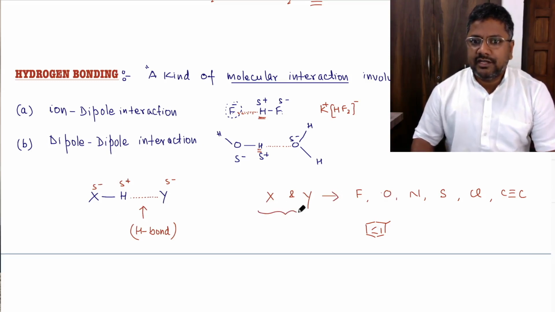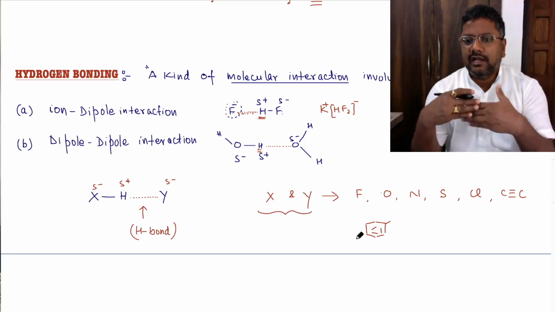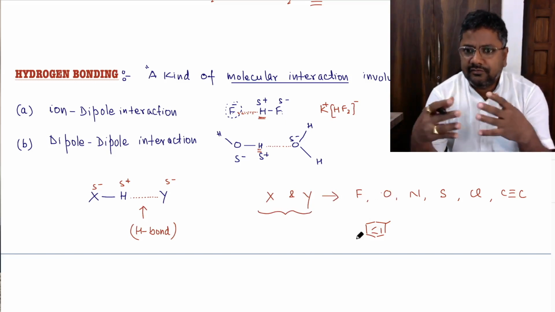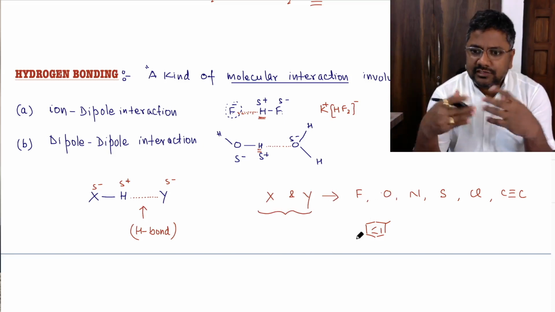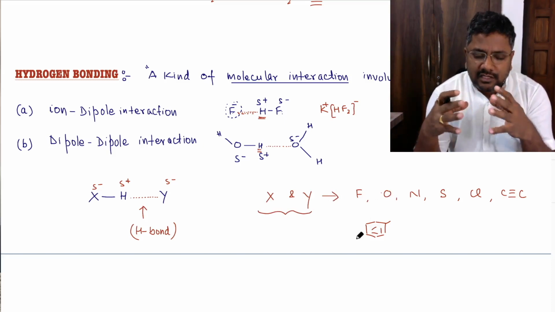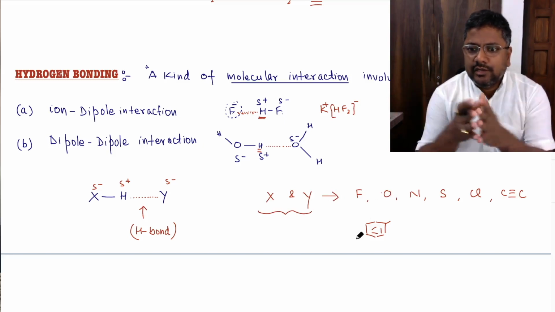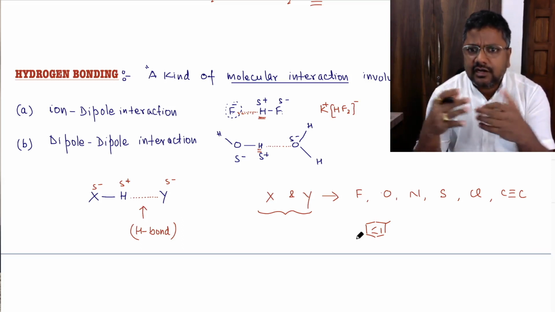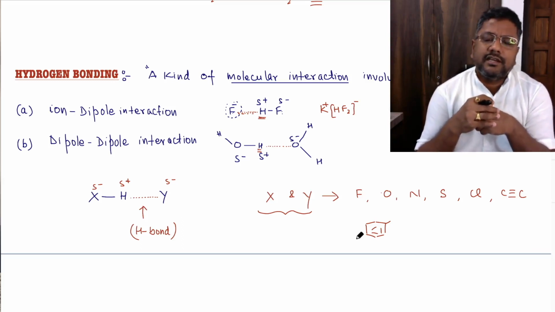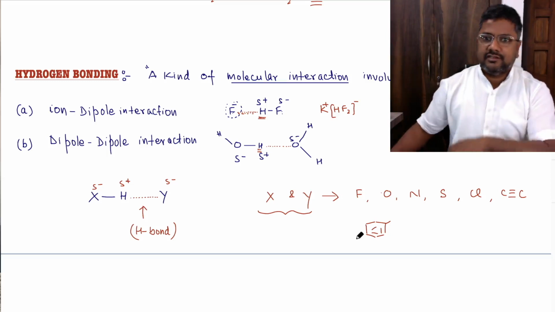So these are the different possibilities of hydrogen bonding, and many factors will influence it, like the hybridization and the orientation. So the strength of this hydrogen bond basically depends on various factors, right?